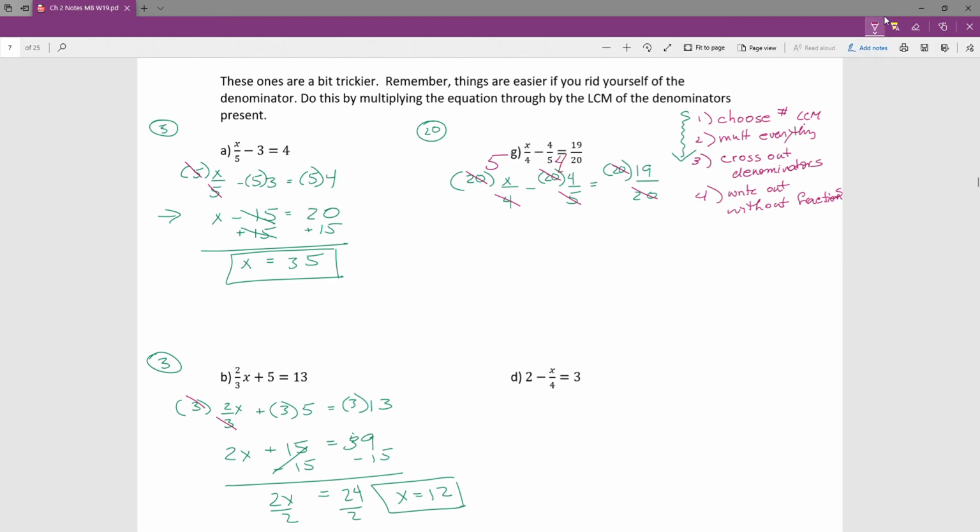And this is where things get a little bit harder to see and harder to collect up, like figure out where the heck am I at? So 5 times x would give me a 5x, writing this all above board. I have minus 4 times 4, so minus 16 out of that mess in the middle there, and that should equal 19. And at this point, this step is the one that's worth your while.